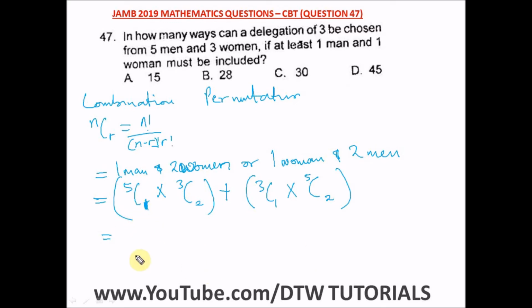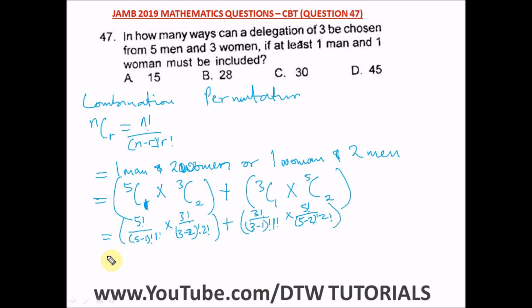So we have 5 factorial divided by 5 minus 1 factorial, 1 factorial, times 3 factorial divided by 3 minus 2 factorial, 2 factorial, plus 3 factorial divided by 3 minus 1 factorial, 1 factorial, times 5 factorial divided by 5 minus 2 factorial, 2 factorial.